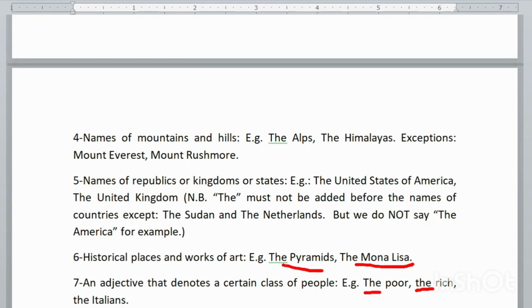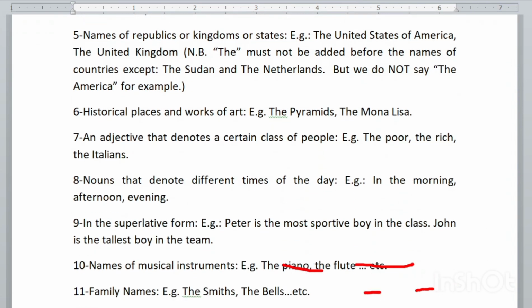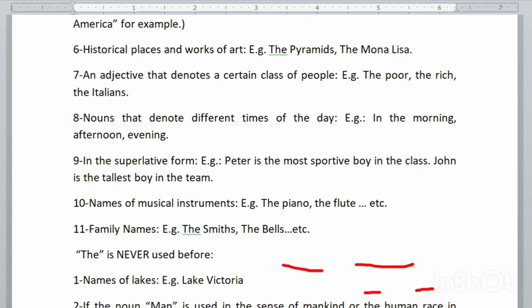And next, rule number 8: nouns that denote different times of the day. For example, we use the in the morning, the afternoon, the evening. Likewise, we can use it. Okay, keep in mind.